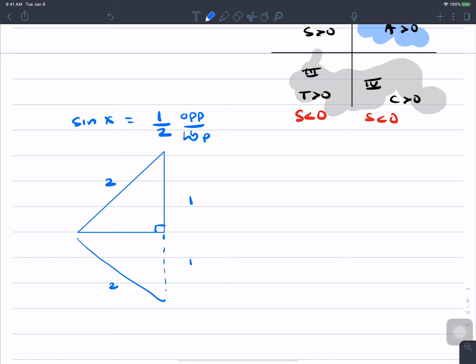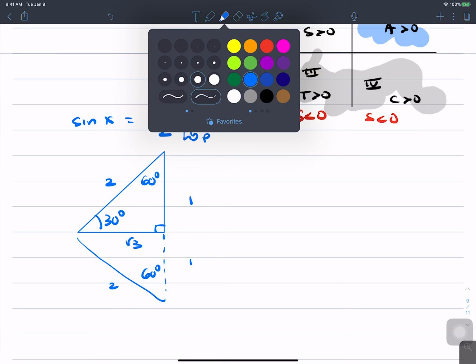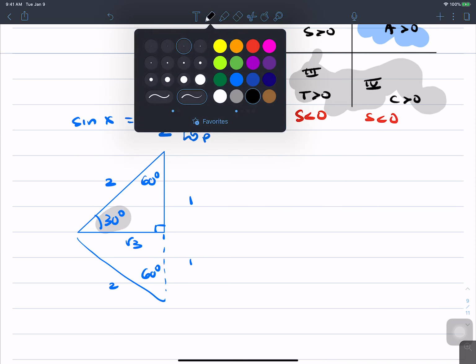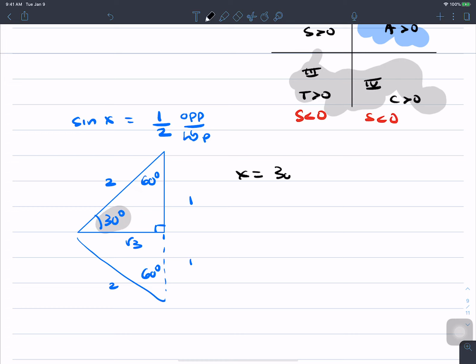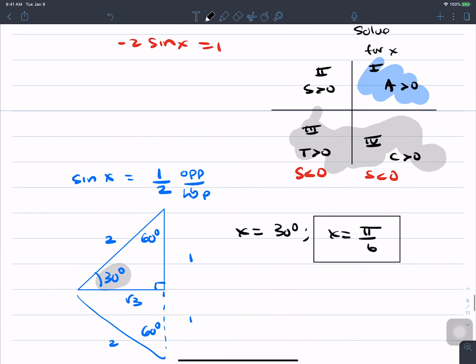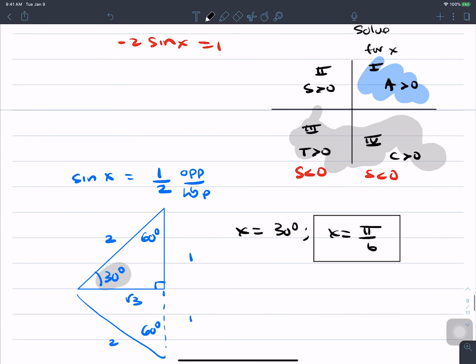This is 1, this is 2, this is square root of 3. This is the 30-degree angle. So the solution here is that 30-degree angle for x. So x is 30 degrees, but this is in radians, so x is pi over 6. And we have to be careful here. That's where you have a positive value. 30 degrees. So let me draw these lines here.